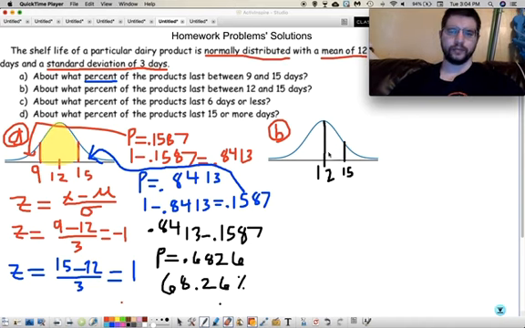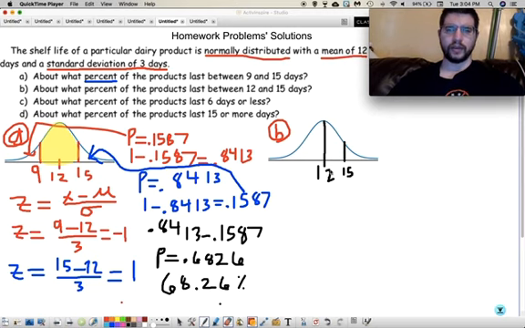Since it's at 12, we know for sure that 50% lies on either side of that line because 12 is our mean. So we can save ourselves some time there.